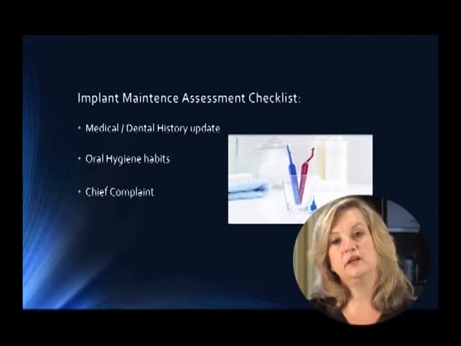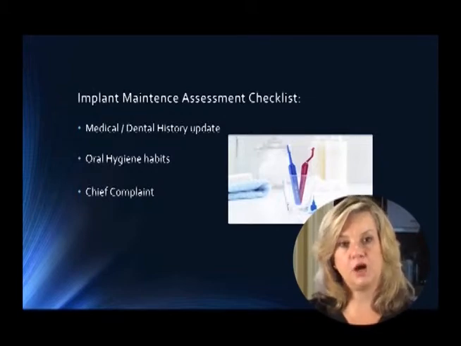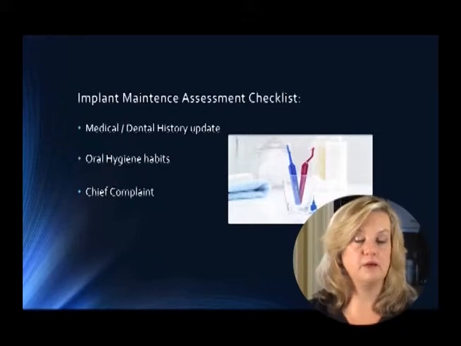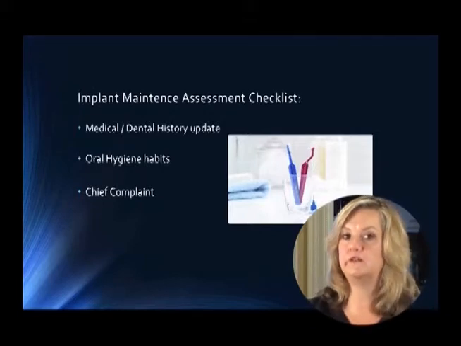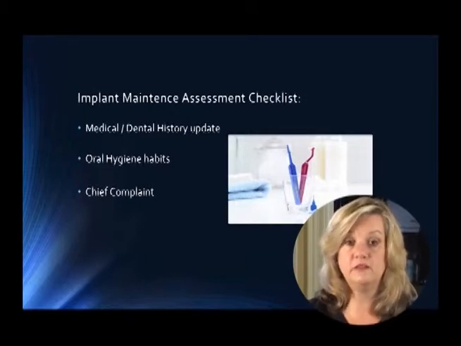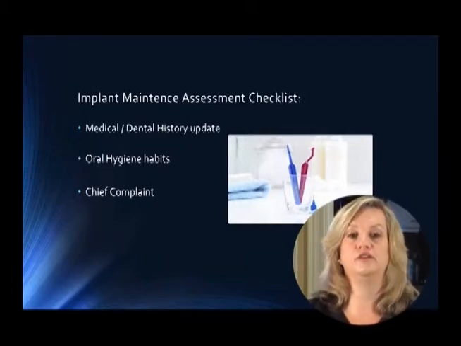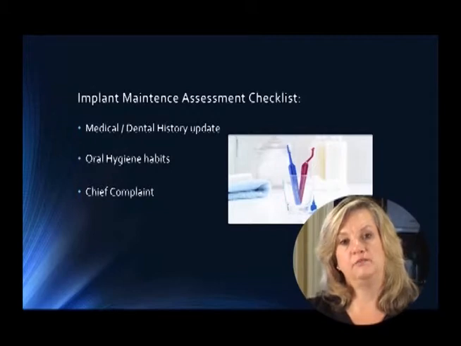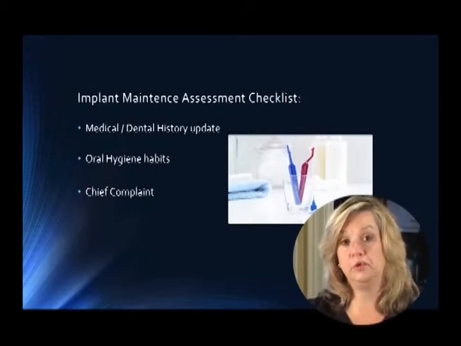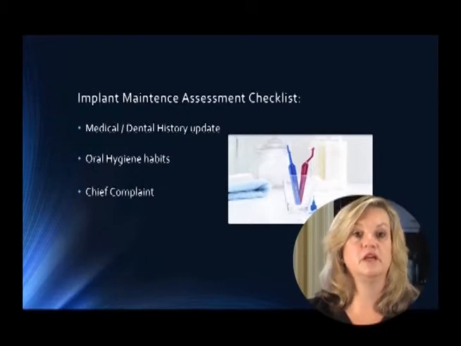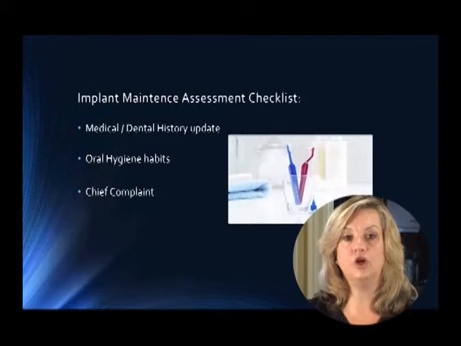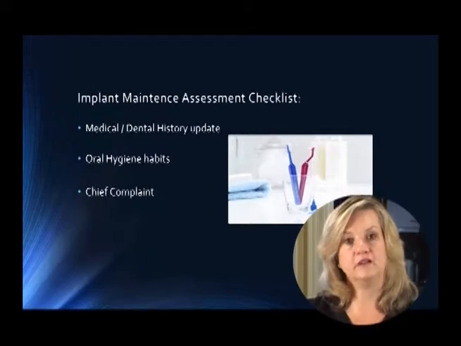So you want to check in on their oral hygiene habits. What products are they using? Perhaps they're being effective, perhaps not. Perhaps something is scratching, or perhaps you see some little threads caught underneath their implant. There's a wide variety of things that people use to clean around their implant, from things that are rubber, like soft picks, to even yarn that's been soaked in chlorhexidine.